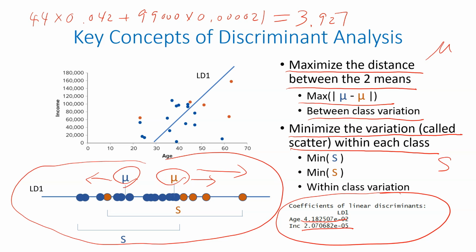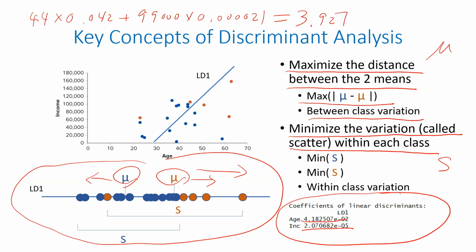So the idea of linear discriminant analysis is to identify a discriminant function that can simultaneously maximize between class variation and minimize within class variation so that the maximum separation between the classes can be achieved.